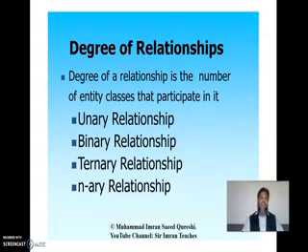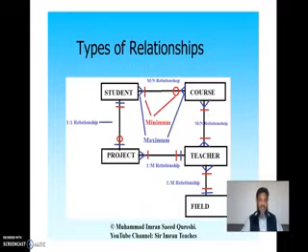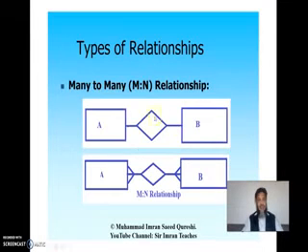Now we move towards the next topic, that is degree of relationship. So degree of relationship is the number of entity classes that participate in that relationship. That means if I move back and I show you only this diagram, here this relationship, whether it is a diamond or it is a line, we have two entity classes that are attached to it.